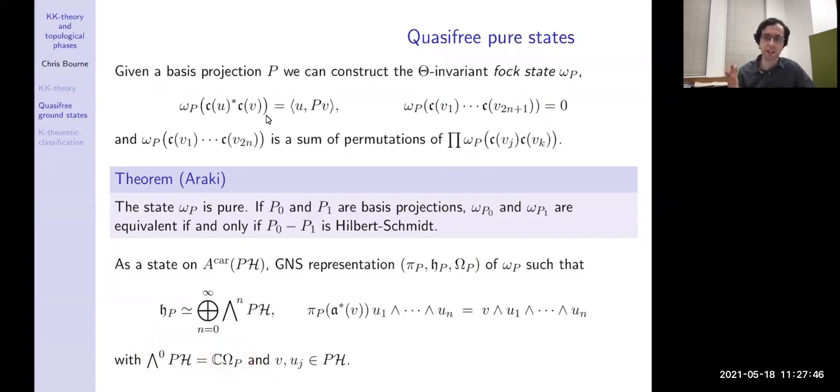So for quasi-free pure states, or quasi-free Fock states, it's what you would expect. It's essentially just the second quantization, restricted to the range of P.